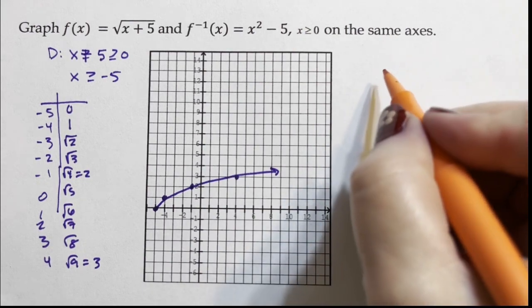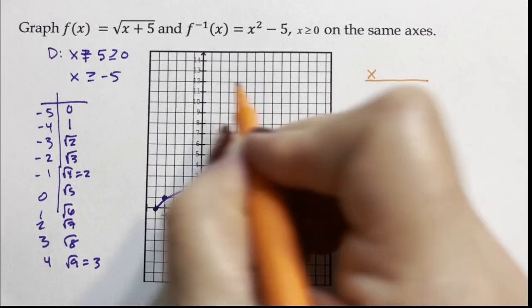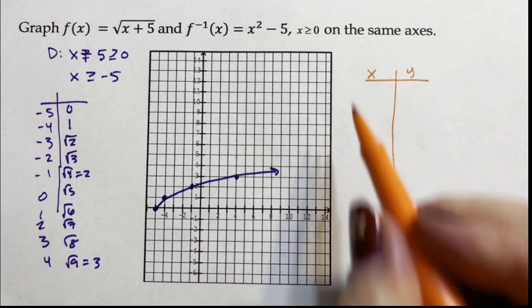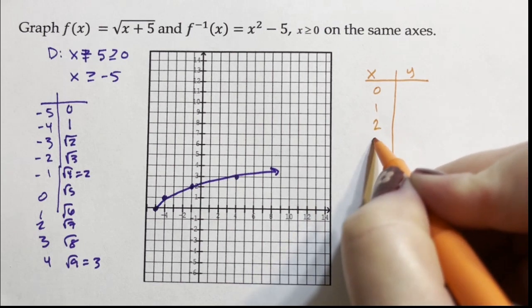I have x and y, and it says x is greater than or equal to 0. So 0, 1, 2, 3, 4.